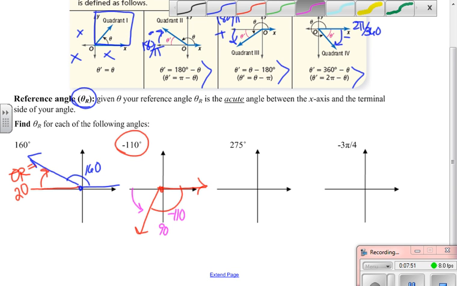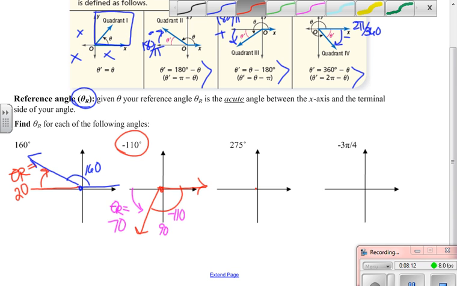So what's left here, theta r, is 70. And so if you look at the sine and the cosine of 70, they're going to be the exact same values as negative 110, except the opposite signs.